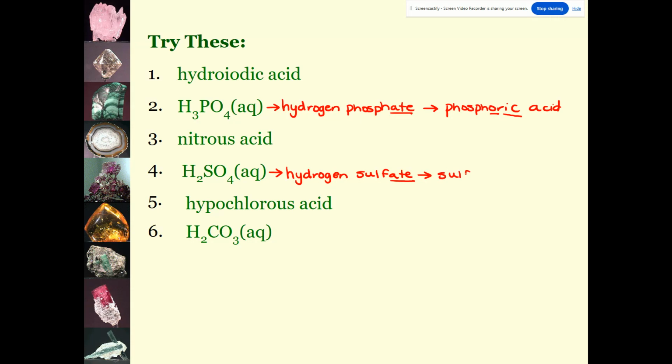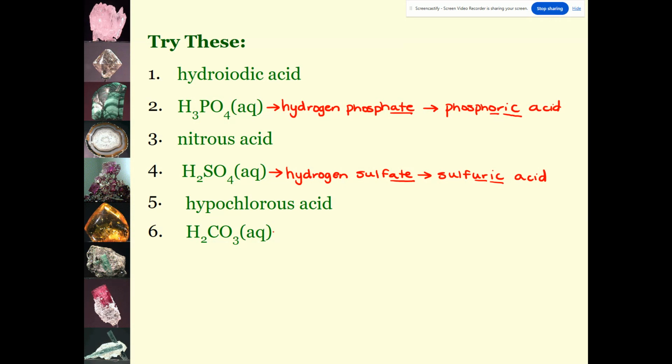It's not sulfic, it's sulfuric. They add the UR back into the name. They only do that with phosphorus and sulfur. Those, remember, are your two polyatomic elements when they're by themselves. Phosphorus by itself is P4. Sulfur by itself is S8. That's kind of how I remember the ones to add the OR and the UR back into.